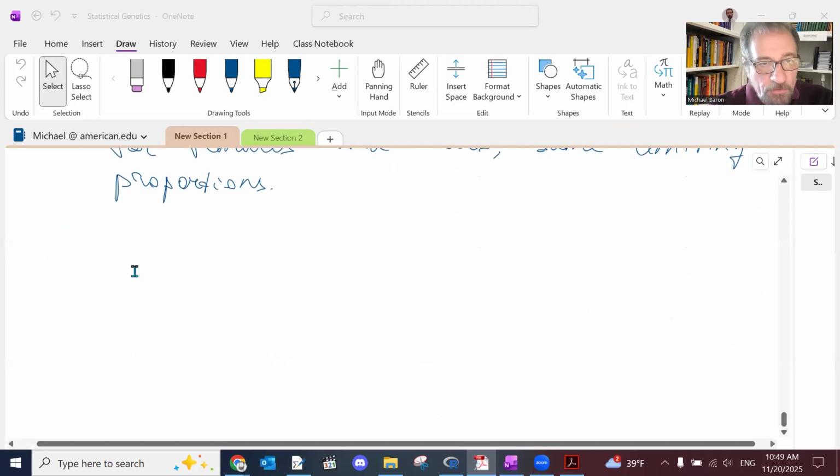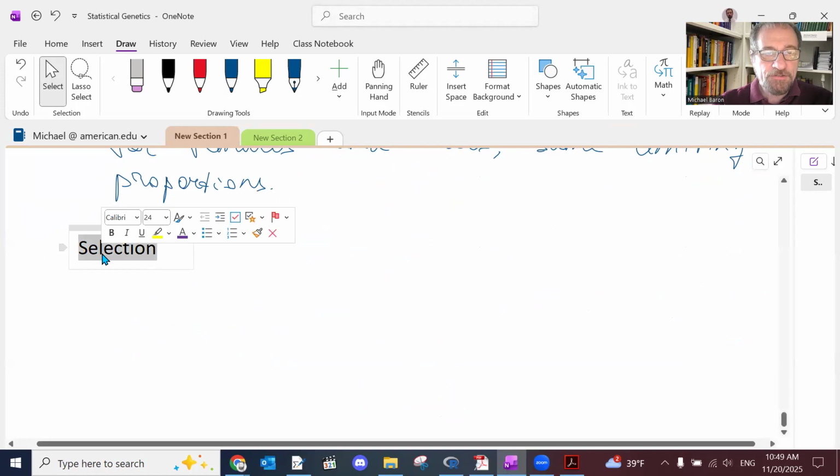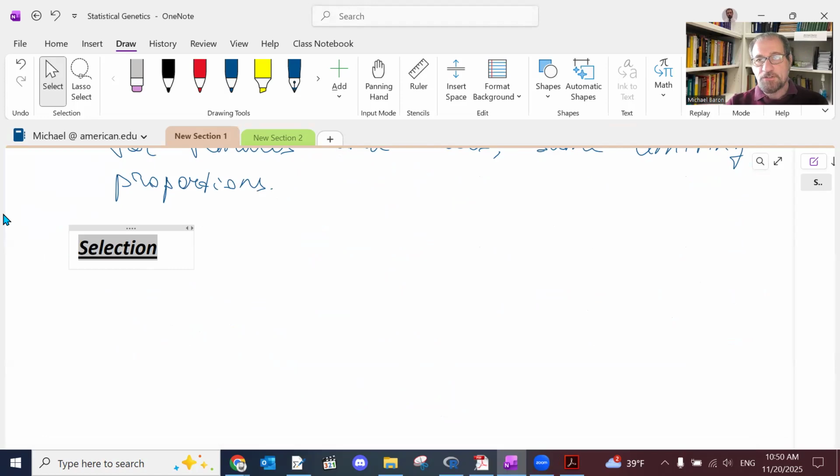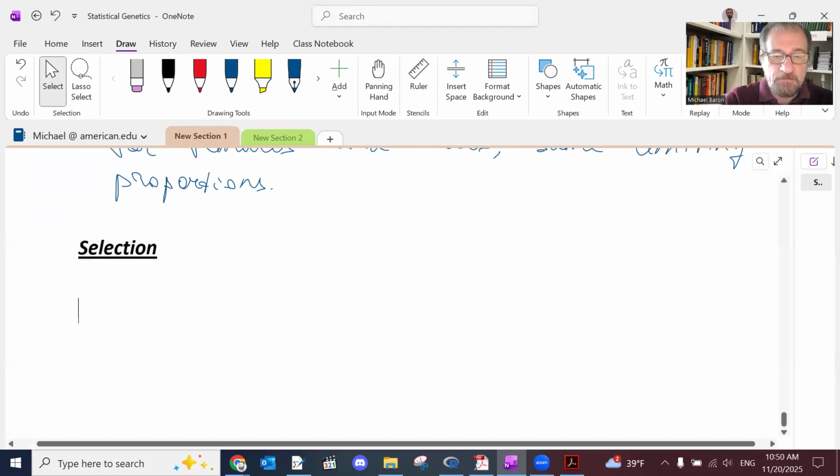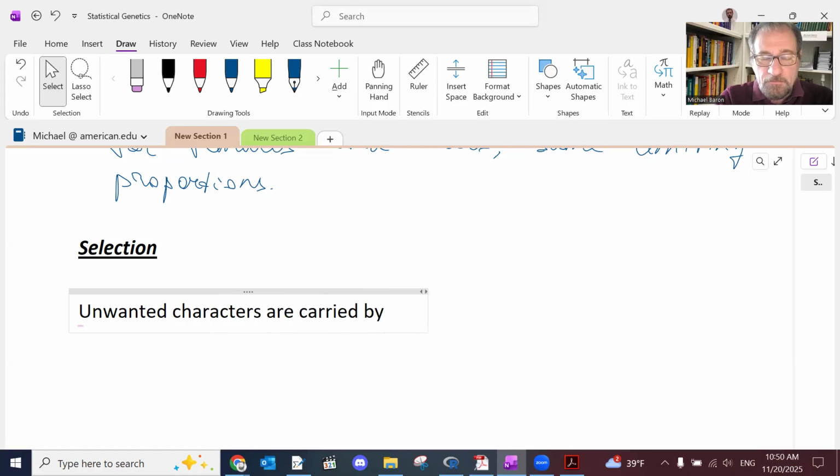And the next topic that we will discuss with you is called selection. And selection refers to the intervention into the distribution of genotypes. This is used in agriculture when there are species, plants with unwanted characters, typically unwanted characters or traits are carried by recessive homozygotes.